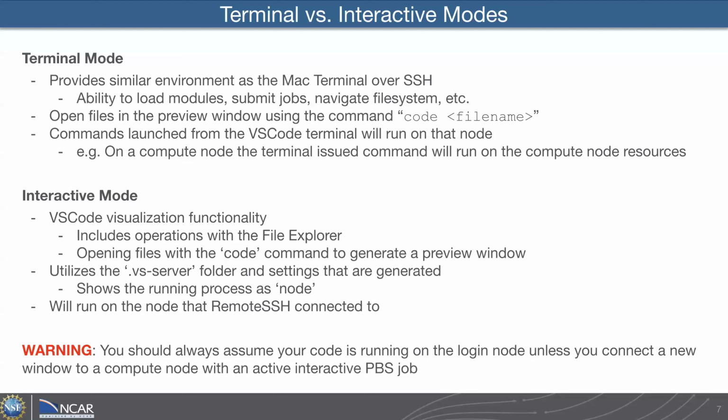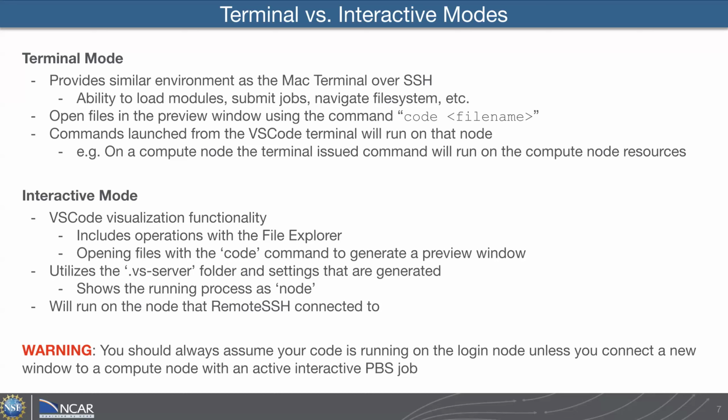So interactive mode is when you actually have a file open in the code editor, and it's that visualization aspect. So it includes things like operations with the file explorer, and it utilizes this VS server folder, this hidden folder that's set up on your home directory when you log in to Derecho or Casper login nodes for the first time.